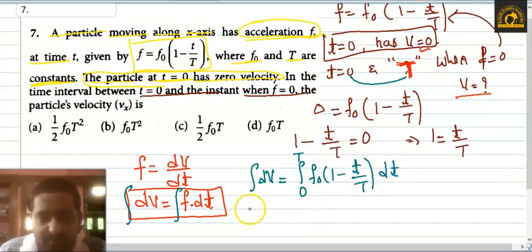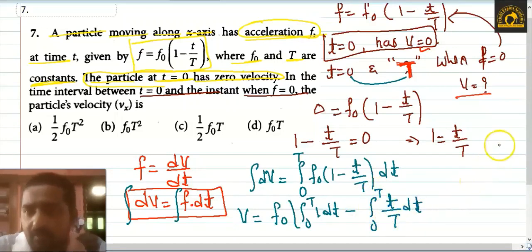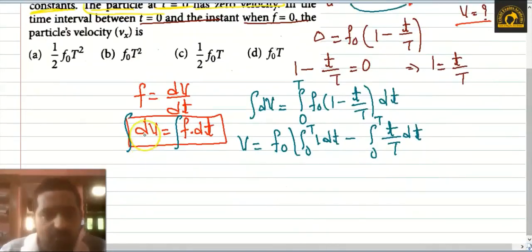The integration of dv is velocity v, which is equal to f naught, a constant, kept outside, times the integration from 0 to T of 1 into dt, minus the integration from 0 to T of small t divided by capital T into dt. Now integrate. So v is equal to f naught as it is.